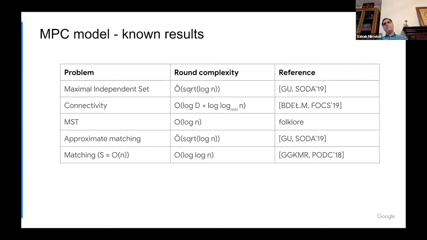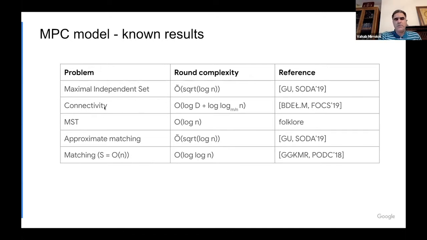So this MPC model was introduced in a SODA paper 10 plus years ago. Over time, better and better algorithms have been developed for different graph mining and algorithmic tasks. Most of these tasks can be done in either logarithmic or super constant rounds, related to the log of the size of data.